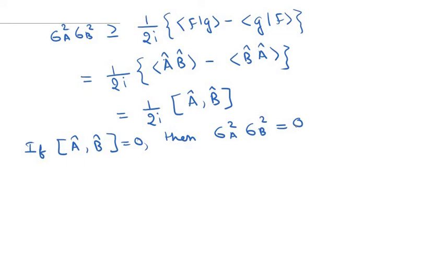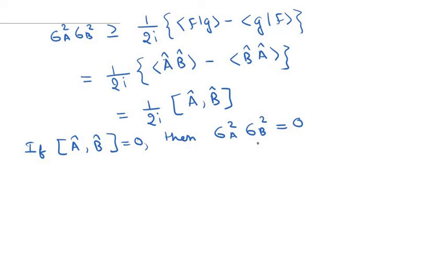So in this case the product of the uncertainties of operators A and B is 0, because we can determine the eigenvalues of the wave function at the same time for both operators.